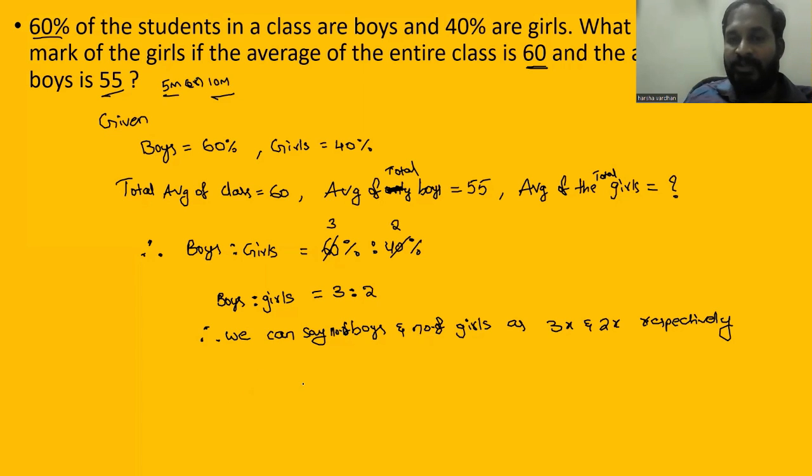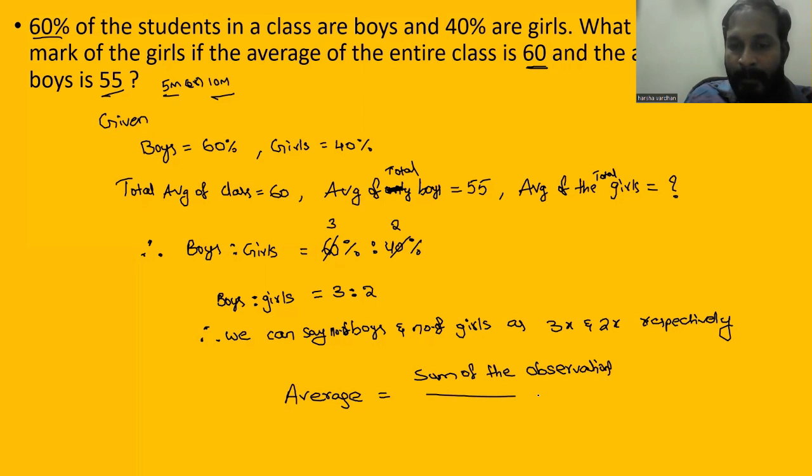Now, what is the formula for the average? Average is equal to sum of the observations by number of observations.